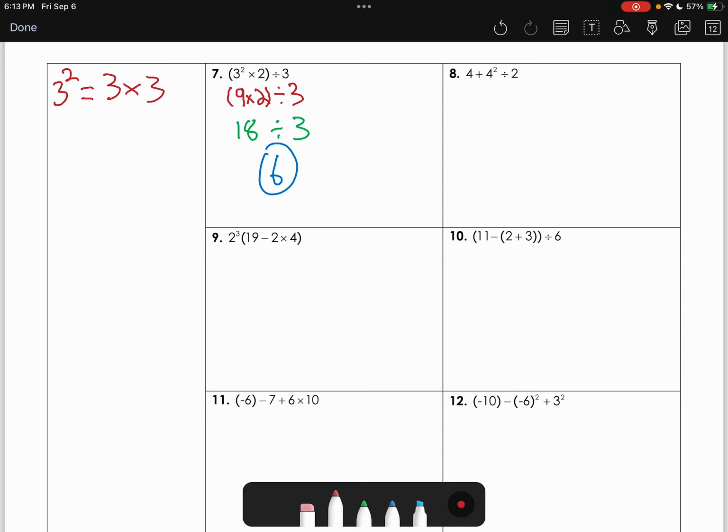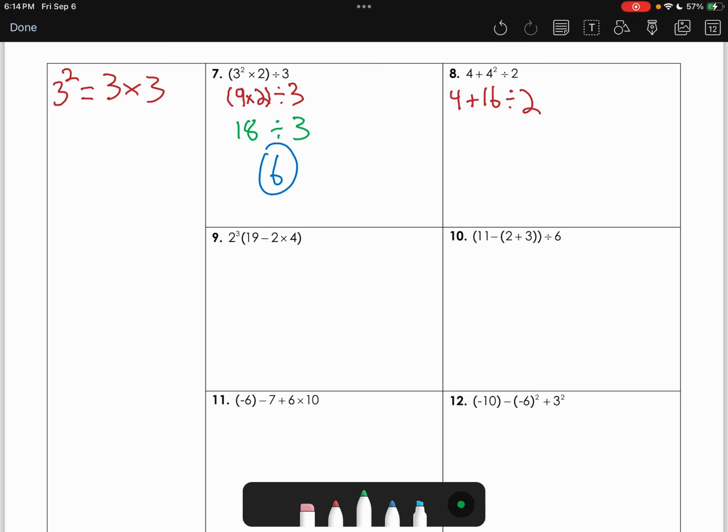Moving over to number 8, we have 4 plus 4 to the power of 2, or 4 squared, divided by 2. So again, 4 to the power of 2 is the same thing as 4 times 4. So do we have any parentheses? Nope. Moving past that. Do we have any exponents? Yes, we do. So 4 to the power of 2, or 4 times 4, is going to be 16. Now we got to move this other 4 down with our addition symbol. Don't forget about our division symbol and our 2 here.